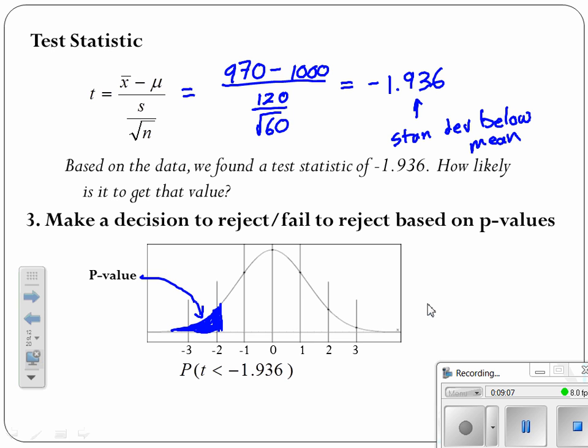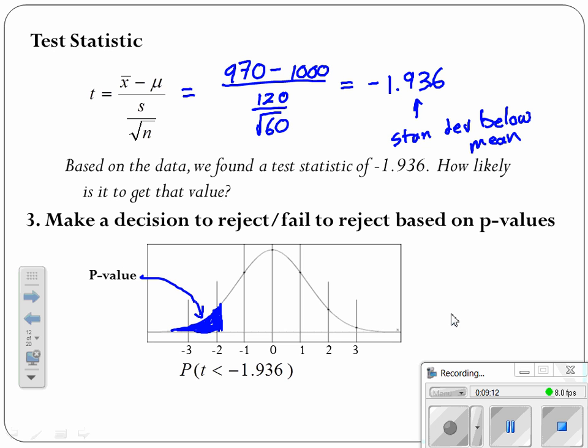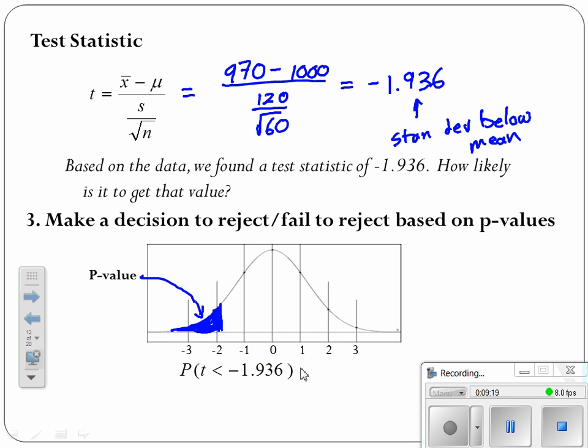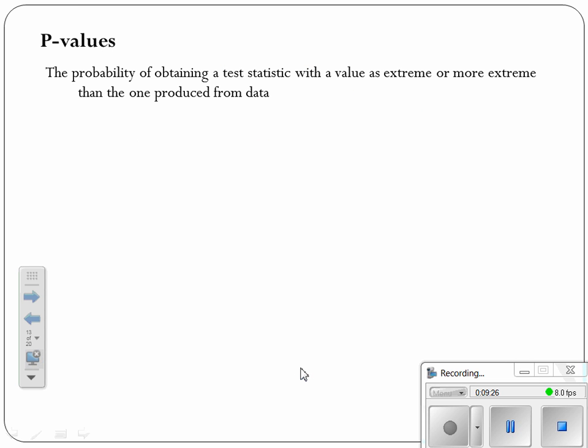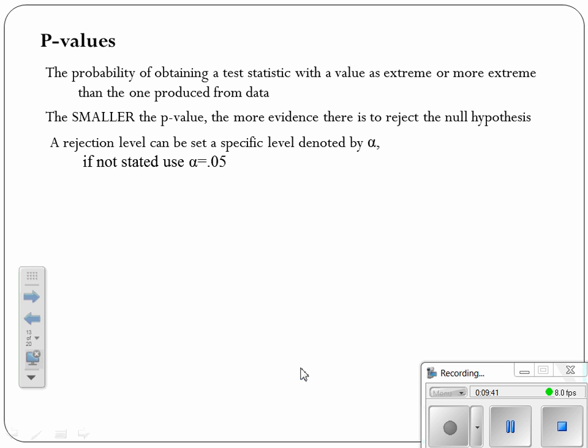So that probability for us, quick calculation, turned out to be 0.029. So what we want to look at is how likely is it that we got that. So a p-value, real quick, is a probability that we got our results or that we get something more extreme. So the smaller the p-value, the more evidence it is that we reject the null.